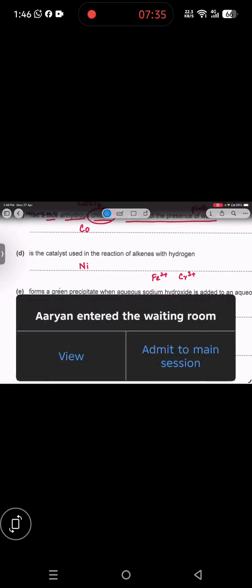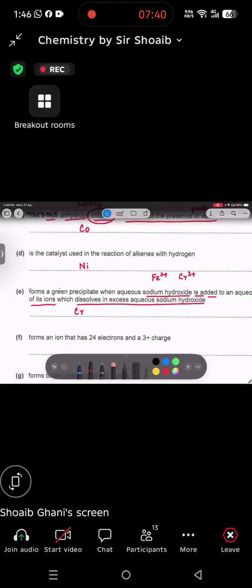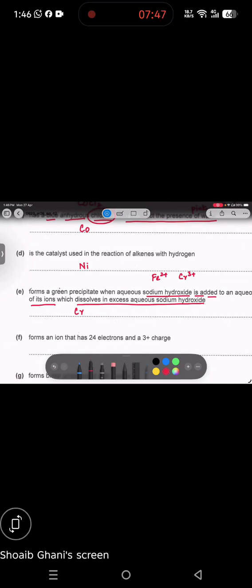To distinguish them, one is insoluble and the other soluble. Iron turns into a brown precipitate, and chromium turns into a green solution.